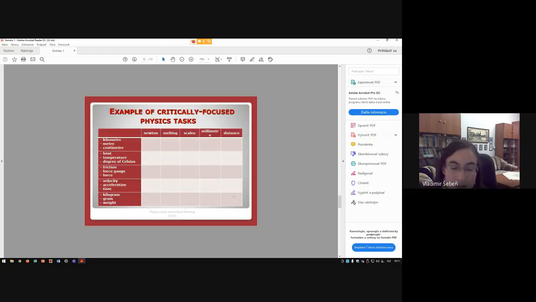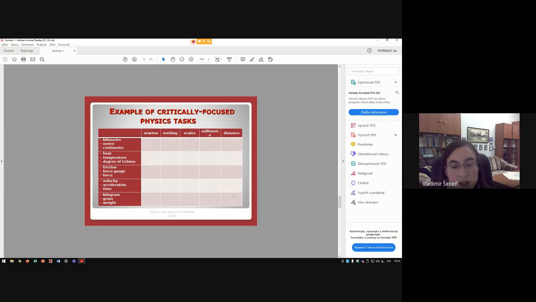On this slide, I would like to present an example of physics tasks we have prepared for them. You can see a table where in the first column there are written 5 groups of words. In the first group there are words like kilometer, meter, and centimeter.